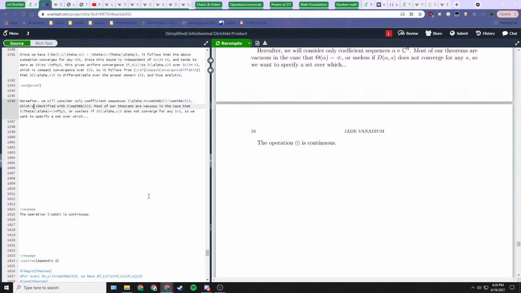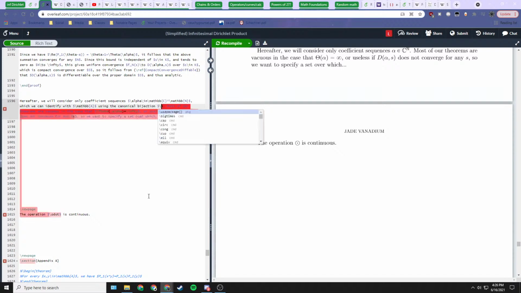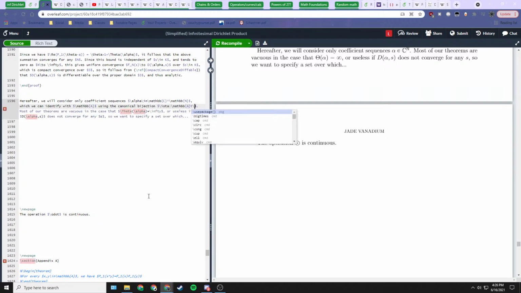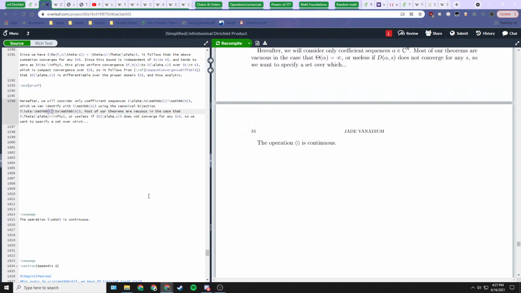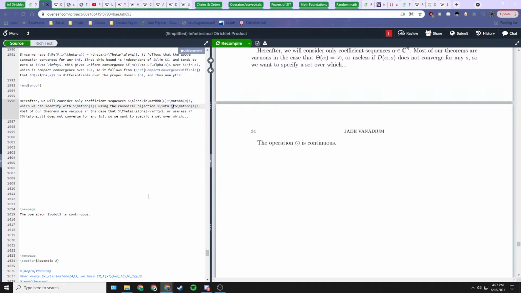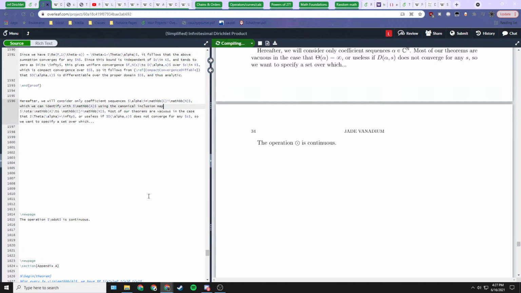Which we can identify with A using the canonical bijection iota, which maps C to the n to A. Actually, we're just going to use this inclusion map.